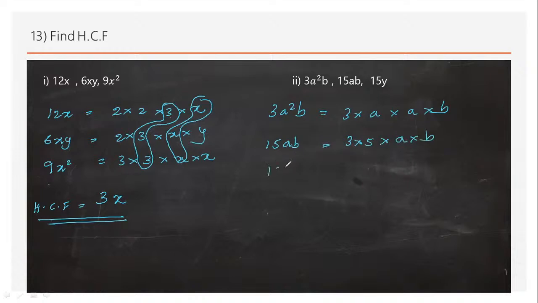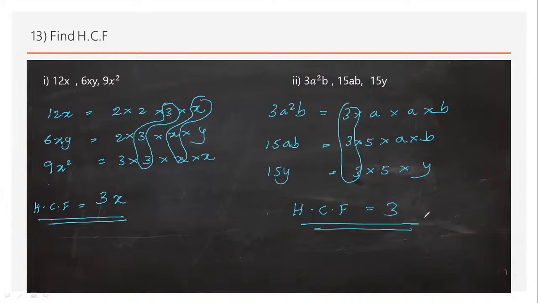And 15y also, 3 into 5 into y. Common is 3. So you can write H.C.F equals 3. Highest common factor equals 3. Next question.